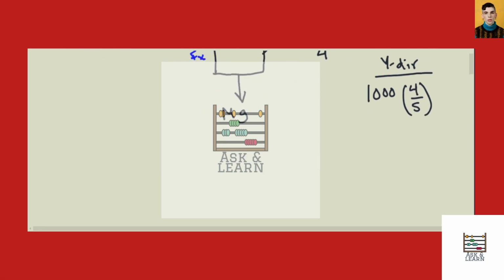So from geometry, we know that taking the cosine of that triangle, F of x is equal to F times cosine 30. So it's 800 cosine 30. Then doing the sine will give us F of y is equal to 800 sine of 30.